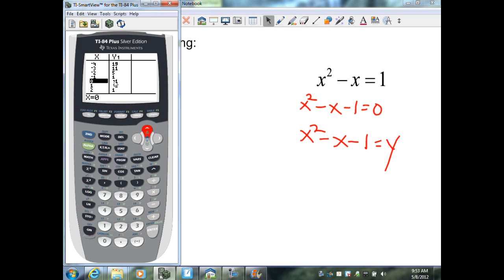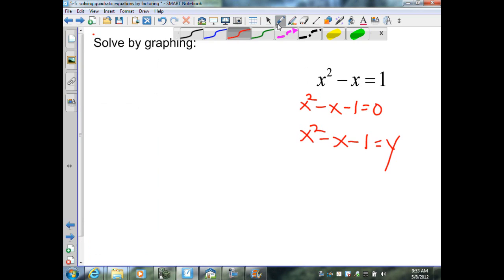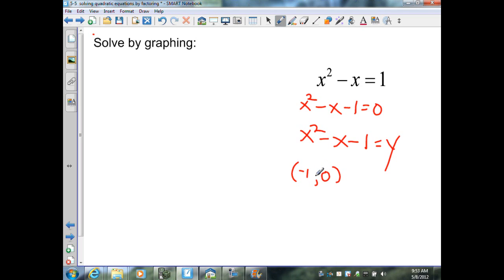Notice I need to find out where my y value is 0. So I know my first x-intercept is between a -1 and 0.